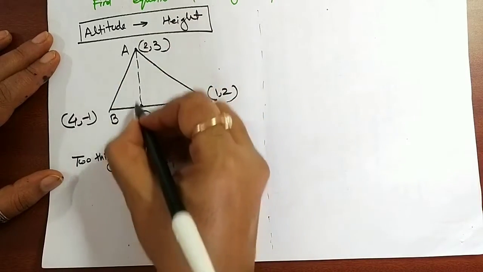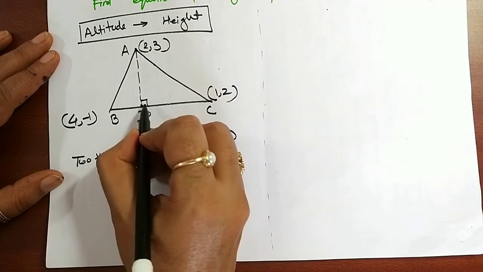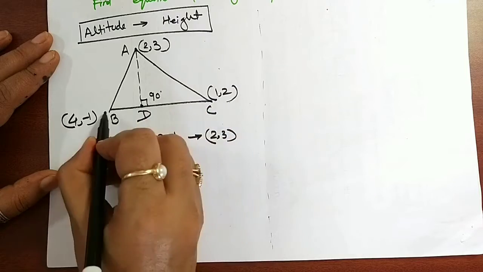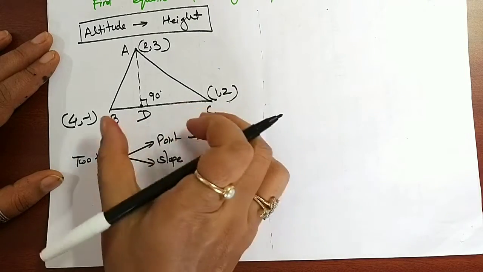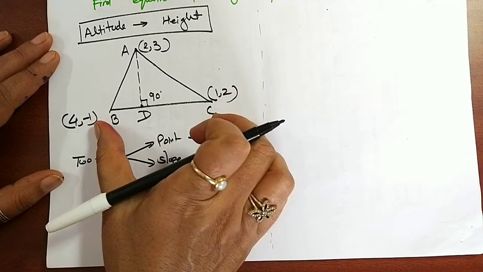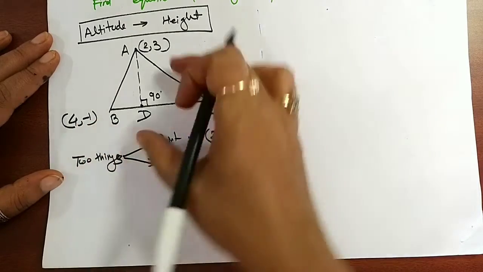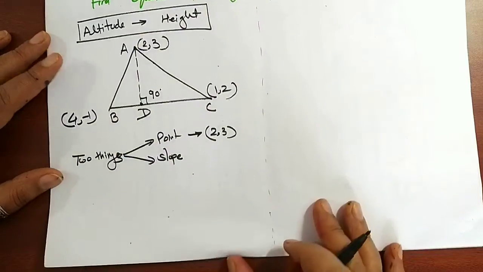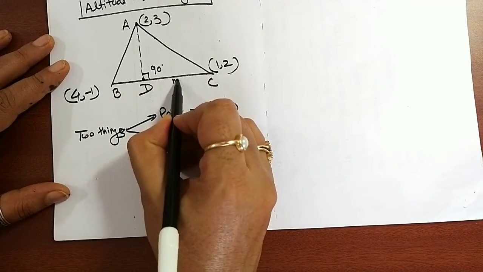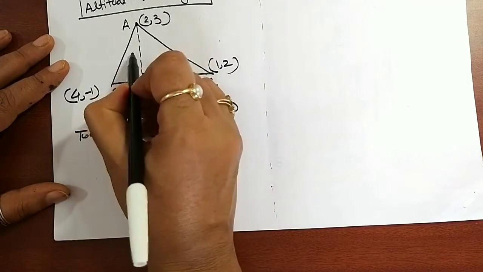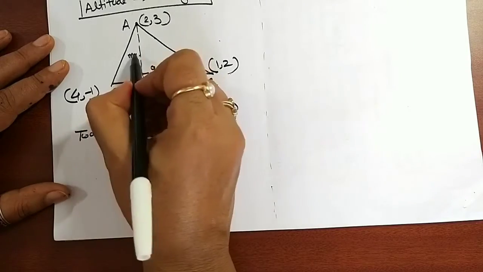From where will we take it? See, altitude is always at 90 degrees from the base. Base 2 points are provided. We can easily find the slope of the base, and AD is perpendicular on the base, correct? So suppose the slope of BC is m1 and this slope is m2.